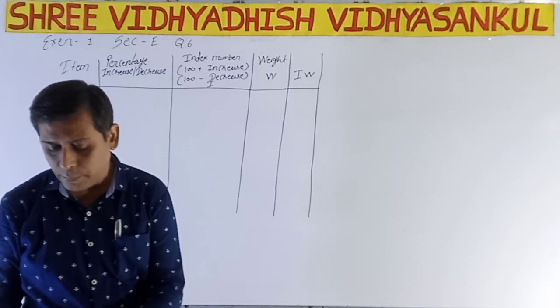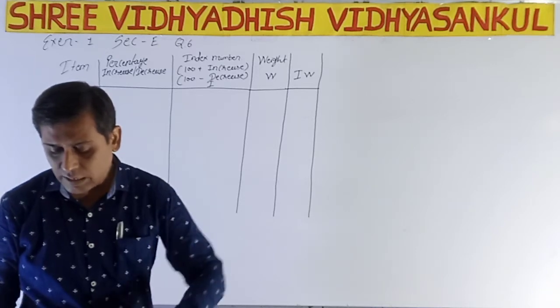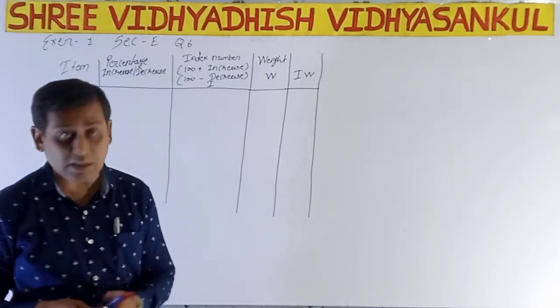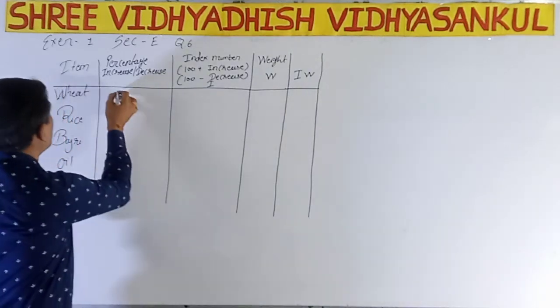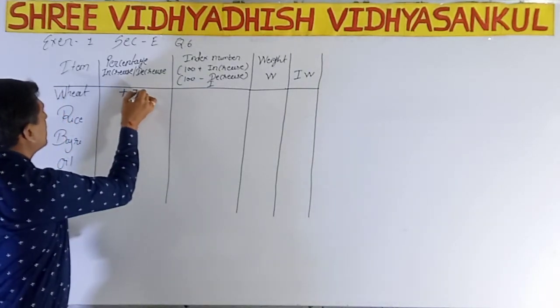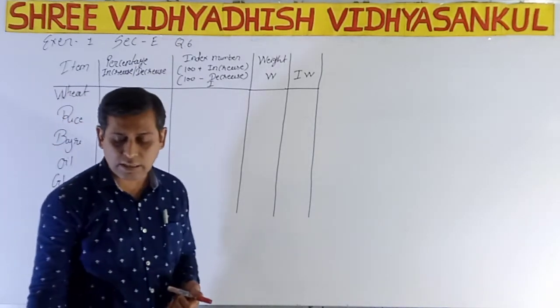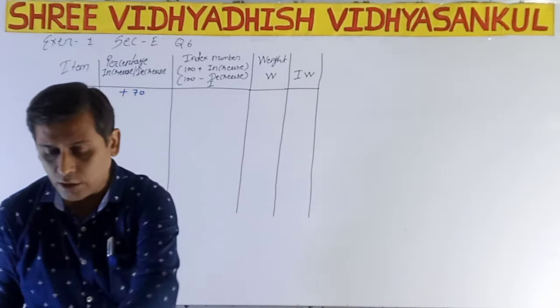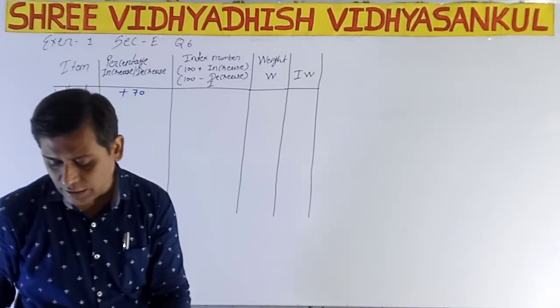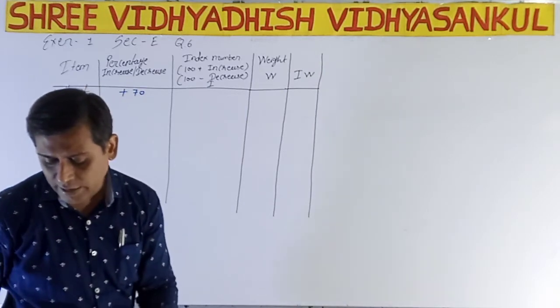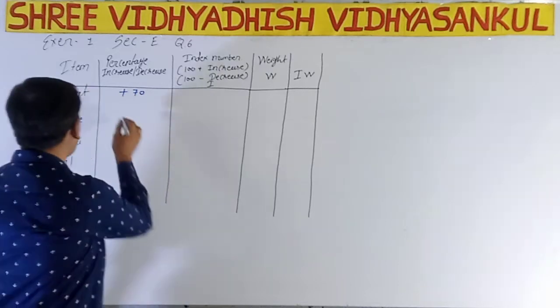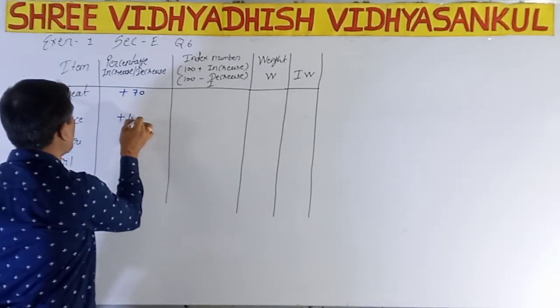Here the price of wheat is increased by 70%. So here plus 70, because increase, that's why plus. If decrease, then minus. The price of rice is increased by 40, that's why plus 40.